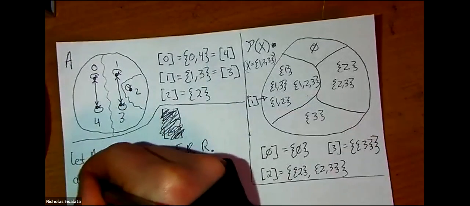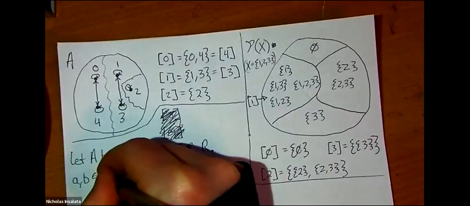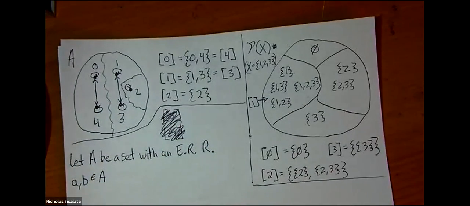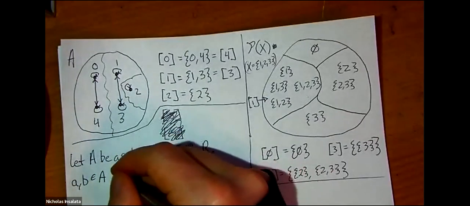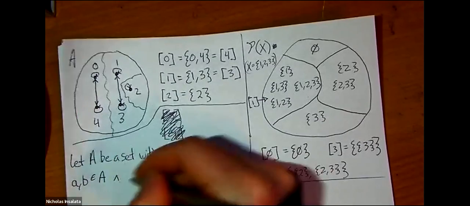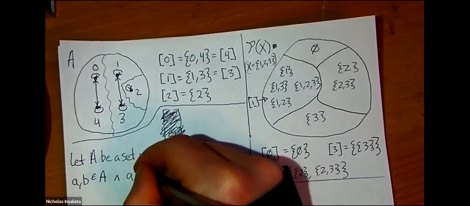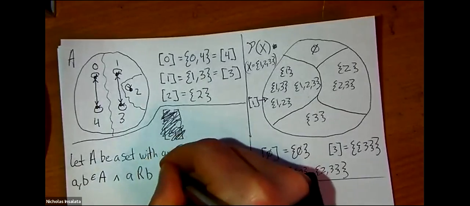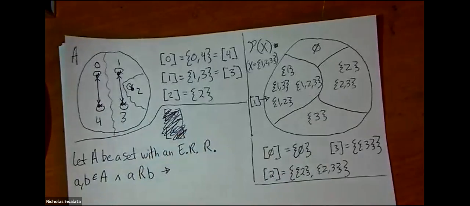A and B are elements of A, and A relates to B implies what?